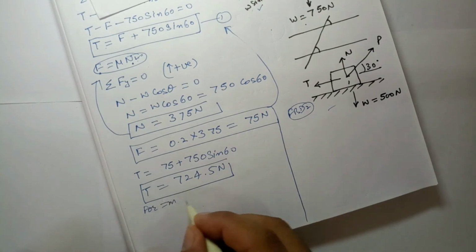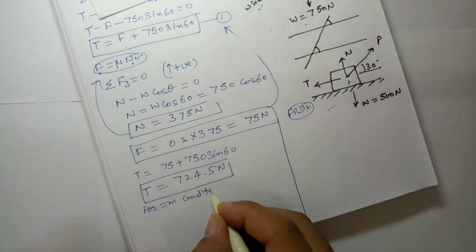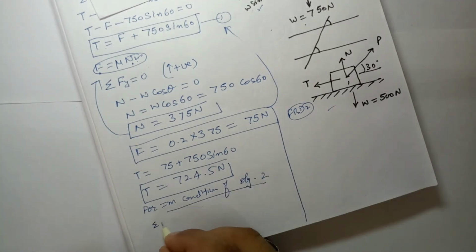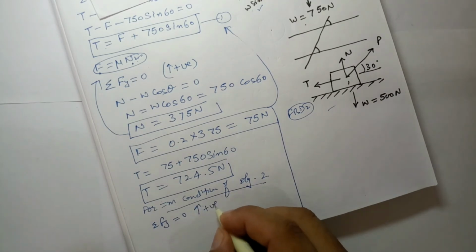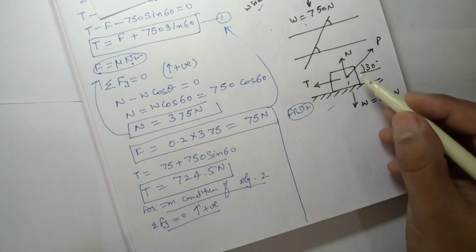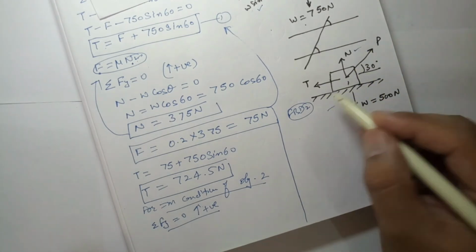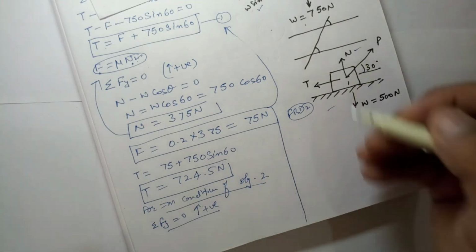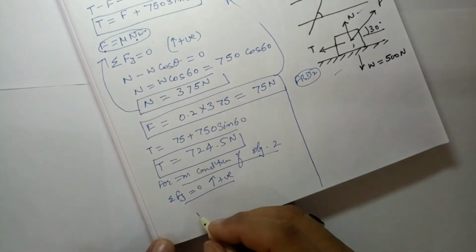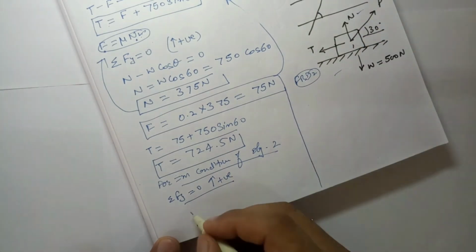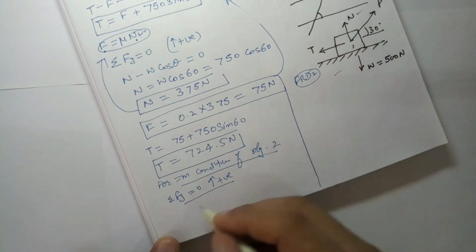For the equilibrium condition of object 2, we have the sum of all y direction forces equal to 0. Upward we have taken positive. You can start with the y direction first, because if you go with the y direction, you will get the value of N, which is required for the x axis. So I suggest you first write the equation for the y axis, then go for the x axis. What are the y direction forces? N positive, weight negative.